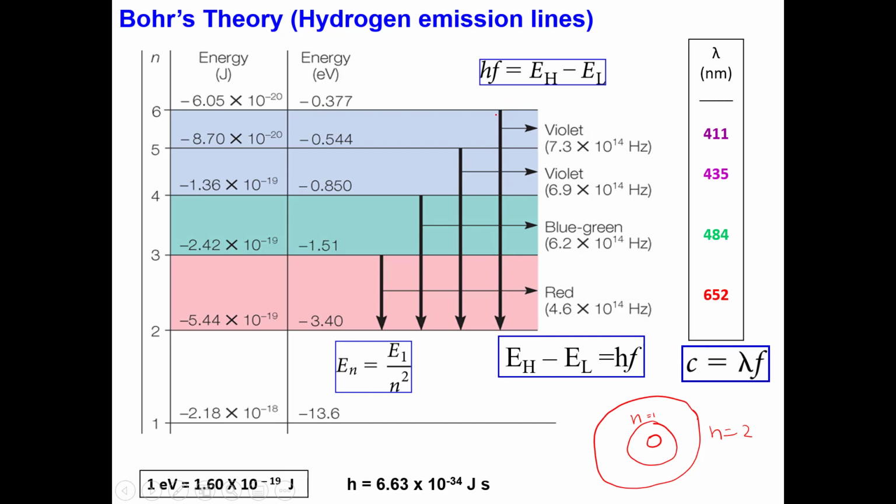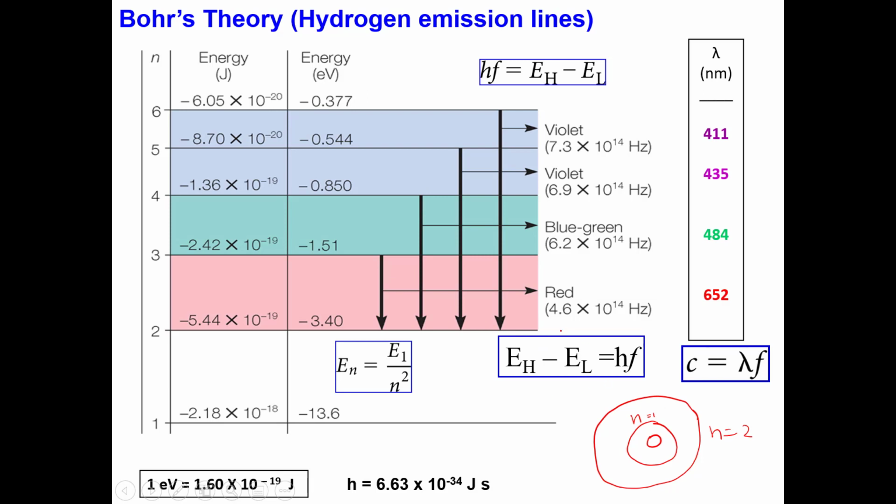For example, if the electron moves from orbit number 6 to orbit number 2, we need to subtract this energy minus this energy. If the electron moves from orbit number 5 to orbit number 2, we need to subtract this value minus this value. And the same happens with this.